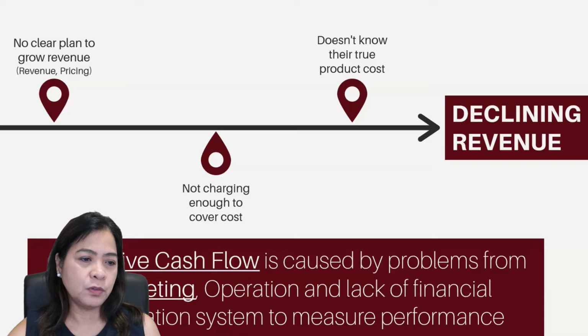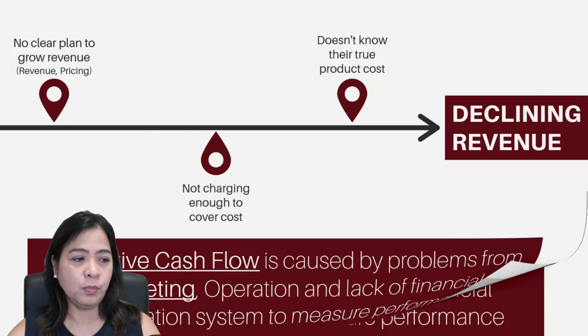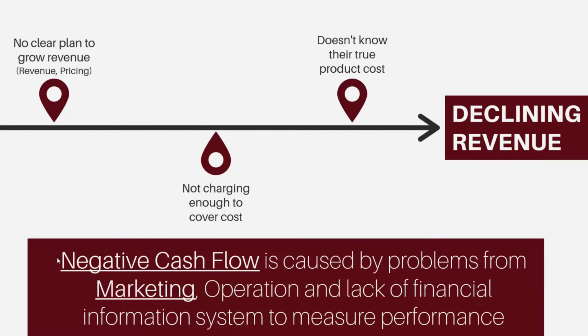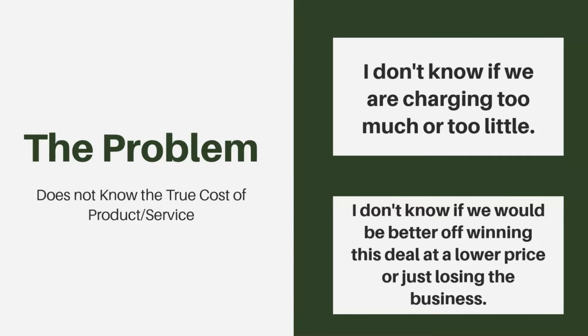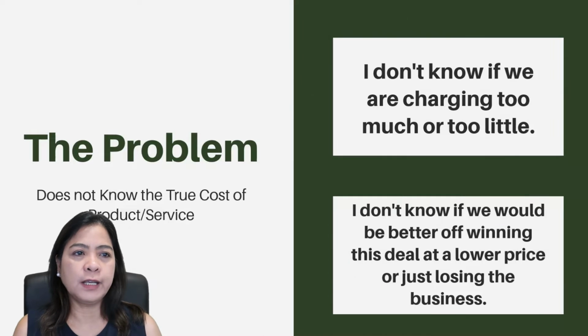So the negative cash flow is caused by problems from the marketing, the operation, and the lack of a financial information system to measure your actual performance. Let's talk about the real problem here. One of the problems is you just don't know the true cost of your product or service. We've heard this: I don't know if we're charging too much or too little.